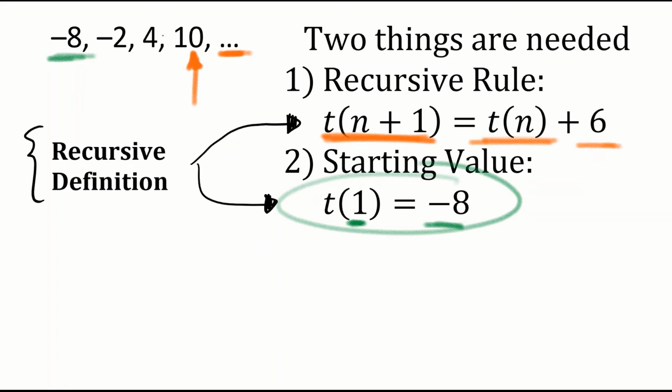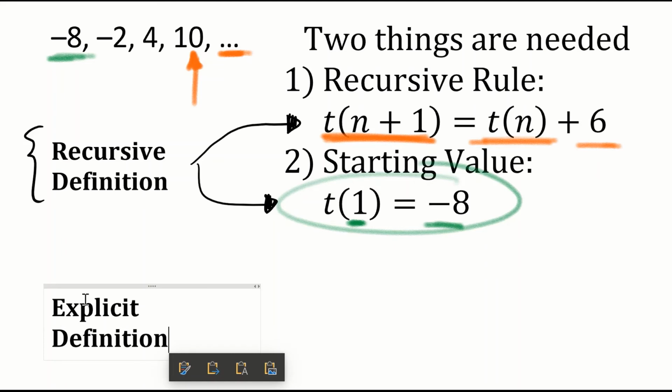Let's contrast that real quickly in closing with the other way that we can write down the rule for an arithmetic sequence. We can write down the rules for an arithmetic sequence recursively, or explicitly.